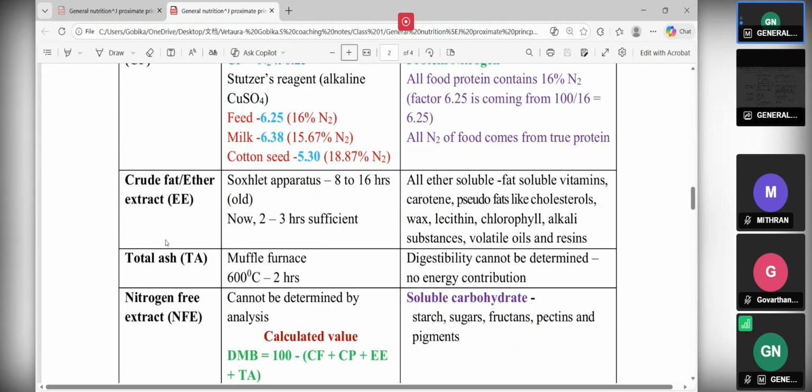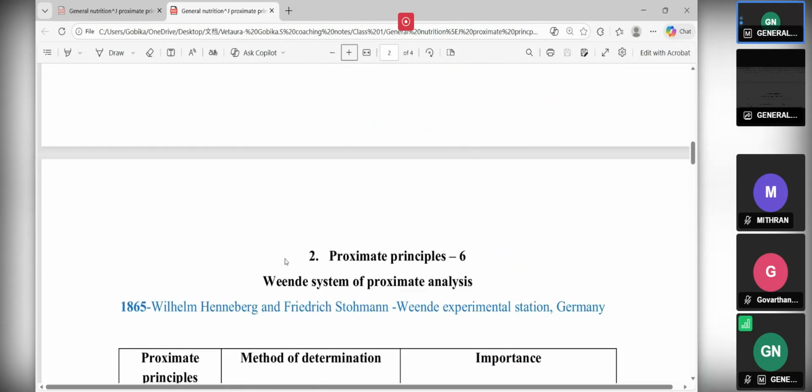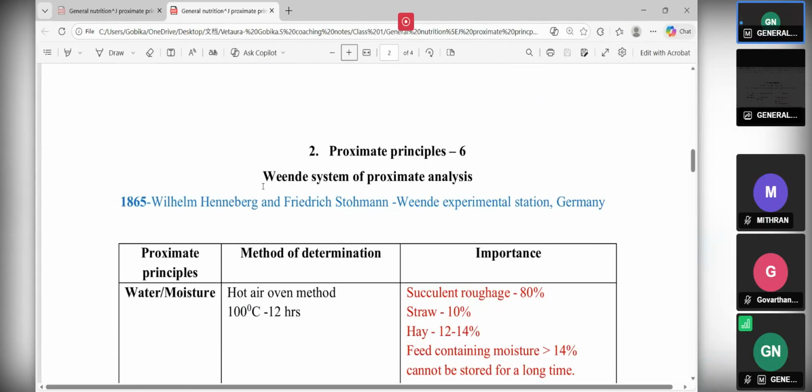These six components form the proximate principles, generally called the Weende system of proximate analysis. That system is called the Weende system because it was discovered at the Weende experimental station located in Germany. So the system is named after a place, the Weende experimental station, Germany.